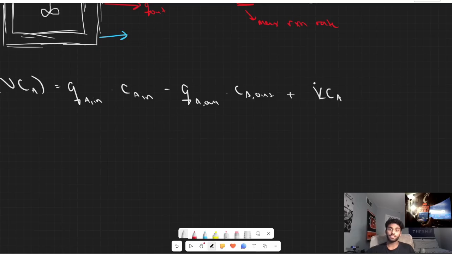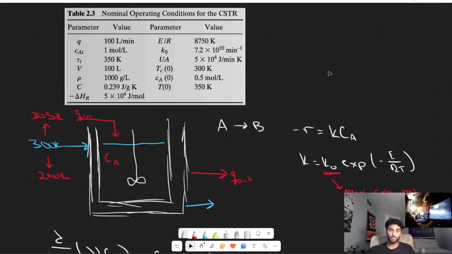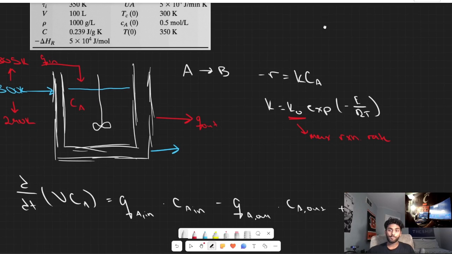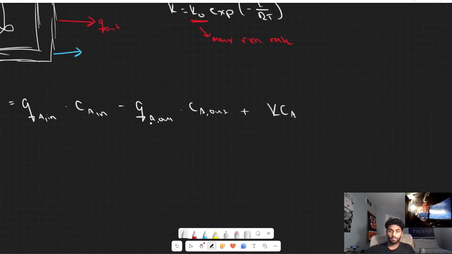So K is minutes reciprocal, as we see here. So in order to get this into moles per minute from moles per liter per minute, we will add a volume term right there.